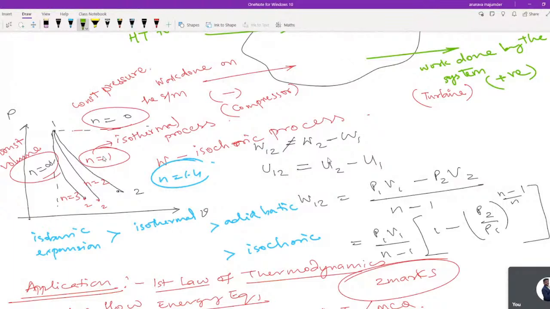For the isothermal process, W12 will become P1 V1 ln V2 by V1. Okay, you will get this equation.